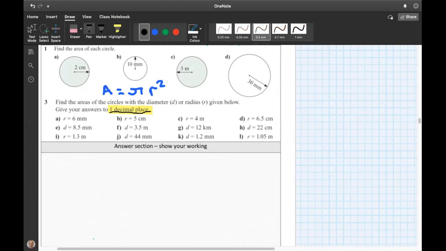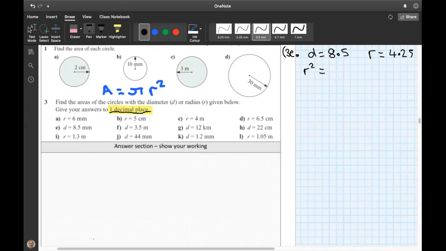Okay, so this is question 3E now. This time our diameter, D, was 8.5. So our radius, R, is going to be half that, 4.25. We now need to square that, R squared.